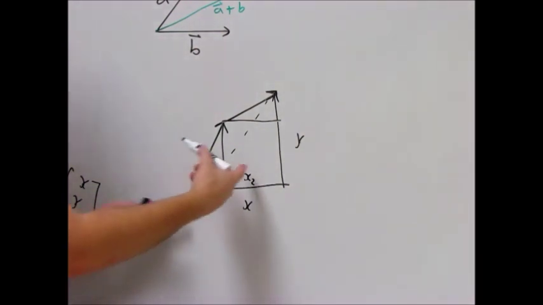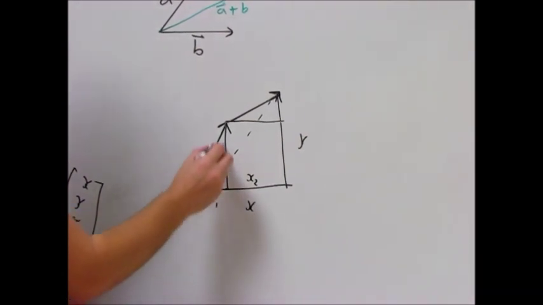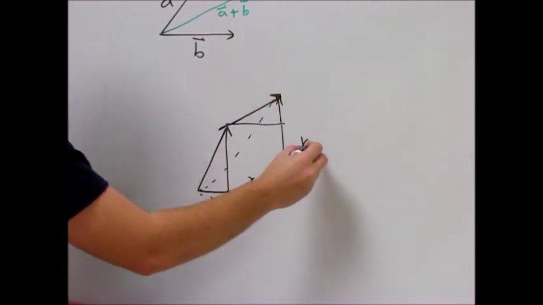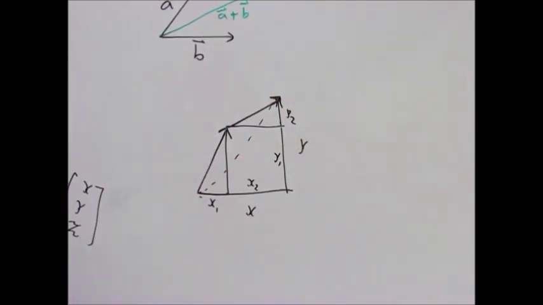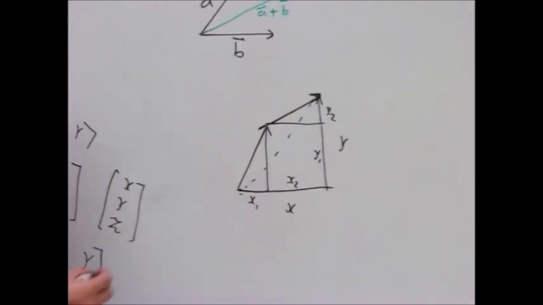So you just add the x components, and similarly you can see the y components being added, y1 and y2.